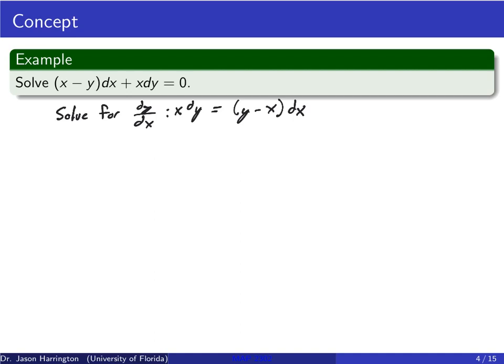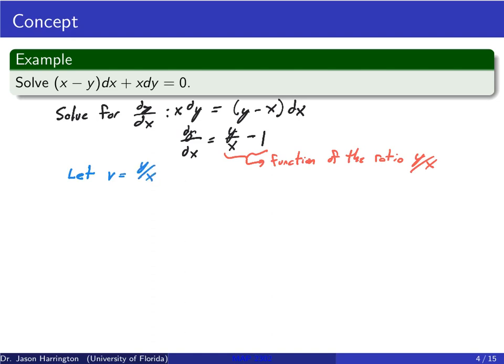And then if I divide everything through by x, I get dy over dx is equal to y divided by x minus x divided by x, which is just 1. This is basically the first trick that we're going to learn, but we can see that this is now just a function of the ratio y over x.